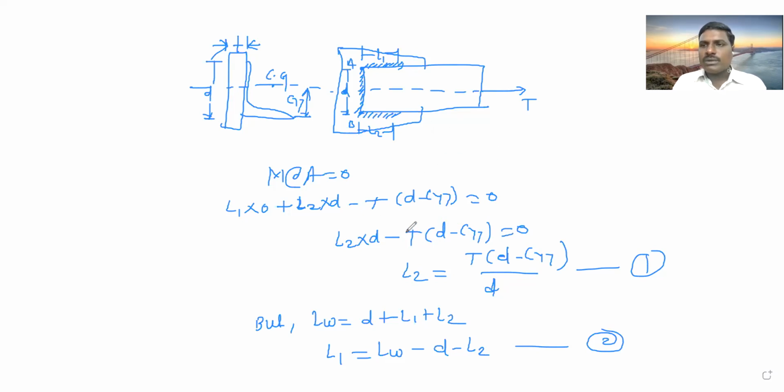Now we have to solve examples on this procedure of design of the welded joint. But today we will stop here. I will give you the chapter test on unit number 1 now.